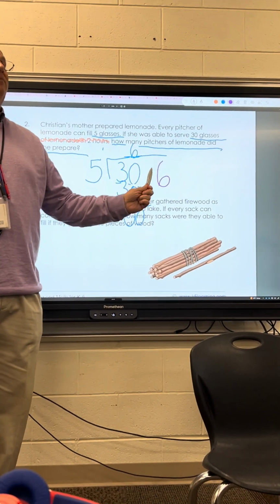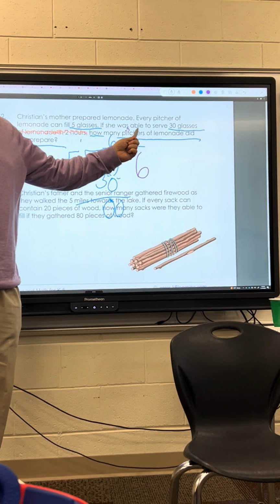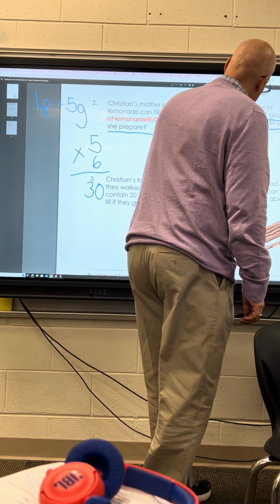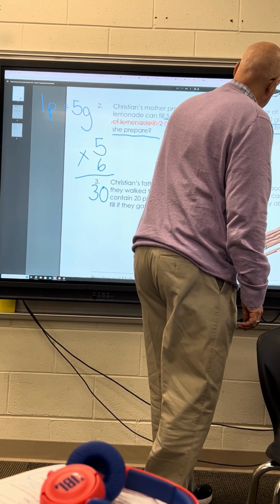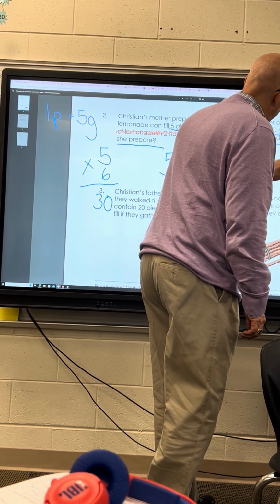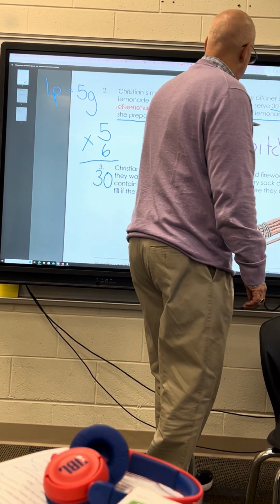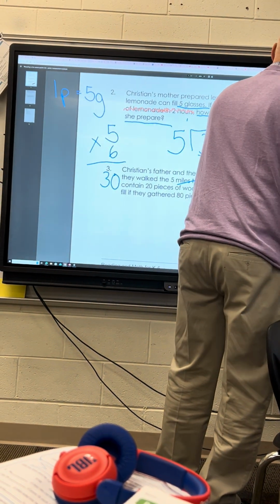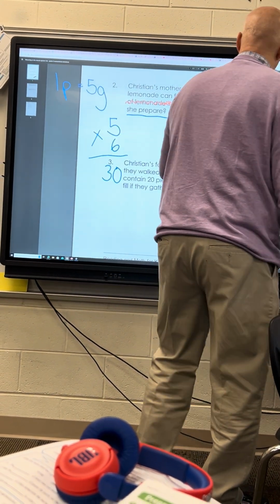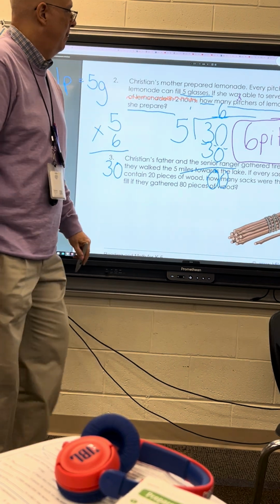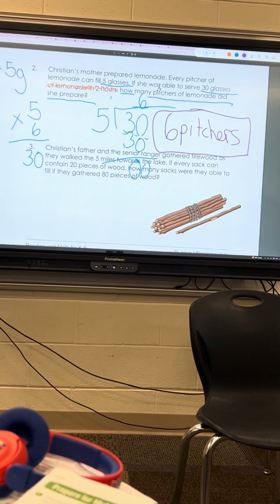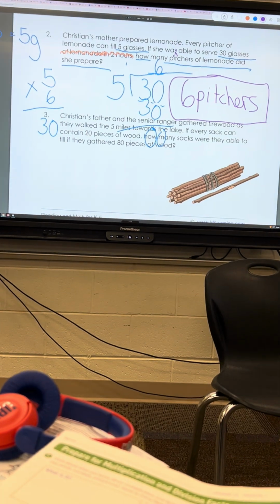How many pitchers of lemonade did she prepare? 6. So, we're done. Put a circle around it or some quadrilateral. You want to put a square or rectangle?